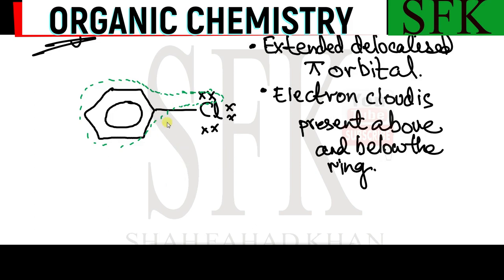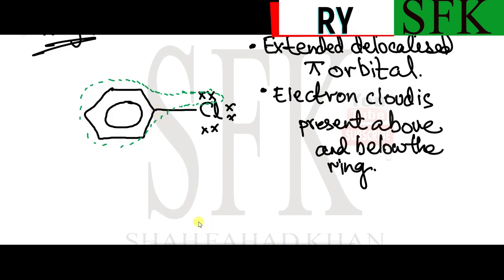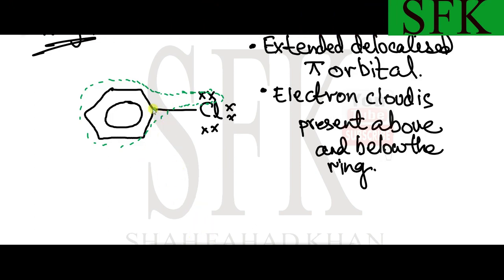This carbon, which is directly attached to the chlorine atom, is partially positively charged because the chlorine atom is partially negatively charged. If there is going to be a nucleophilic attack of OH negative on this compound, it will attack this partially positively charged carbon atom, because nucleophiles are attracted to regions of positive charge.